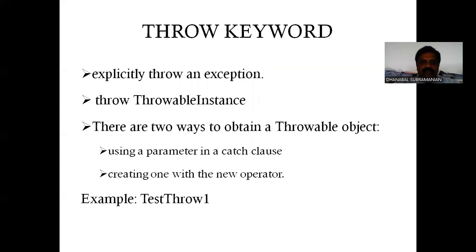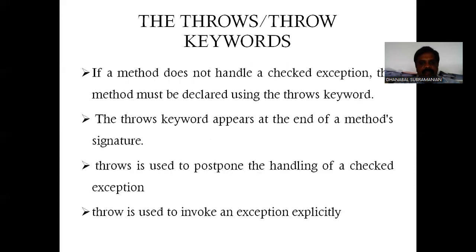Next, the throw keyword explicitly throws an exception. Throw a throwable instance. There are two ways to obtain a throwable object: using a parameter in a catch clause, or creating one with the new operator. Now the throws keyword.